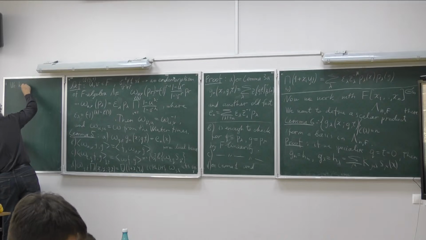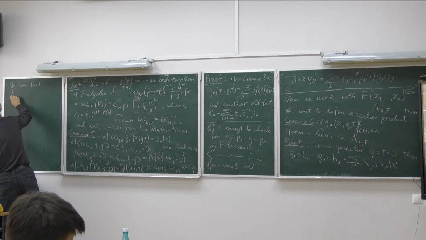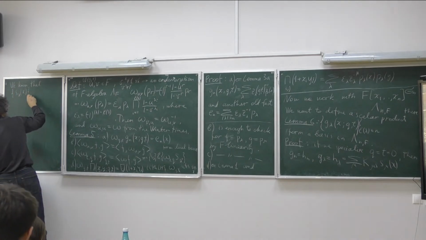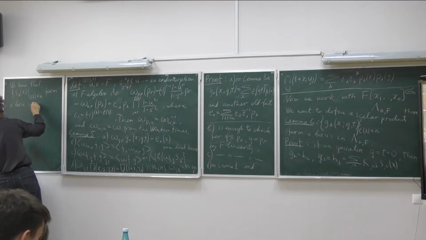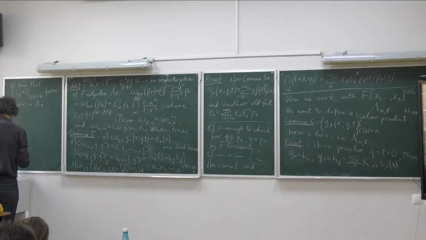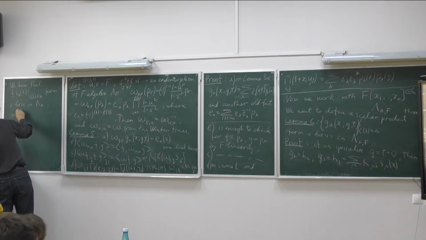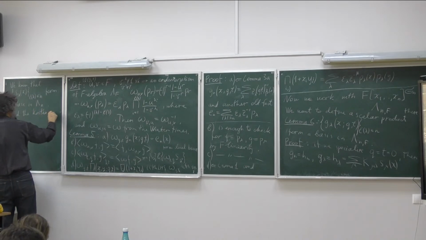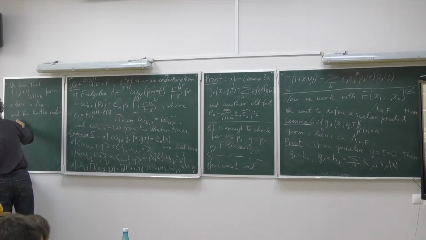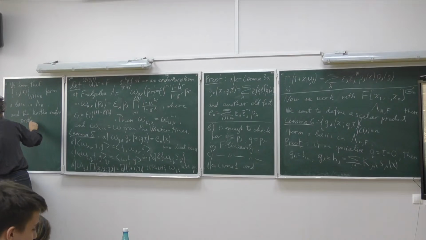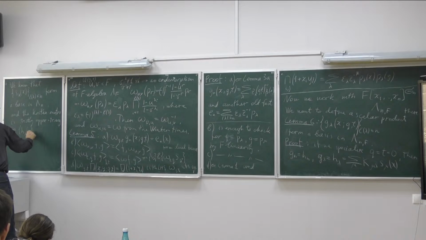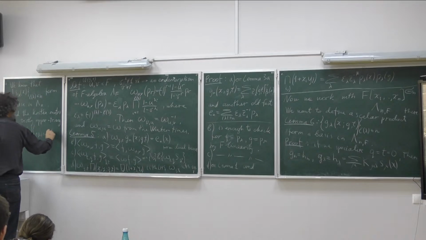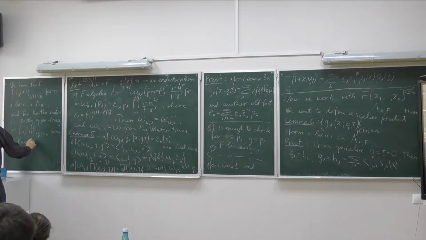So we know just by construction that s_lambda of x, when the length of lambda is at most n, form a basis in Lambda_n, and the Kostka matrix is strictly upper triangular, and hence h_lambda of x, as the length of lambda is at most n, also form a basis in Lambda_n. Okay.